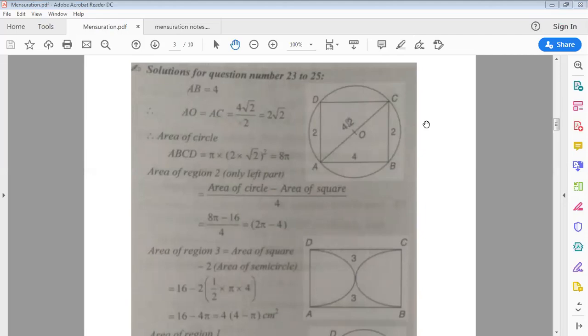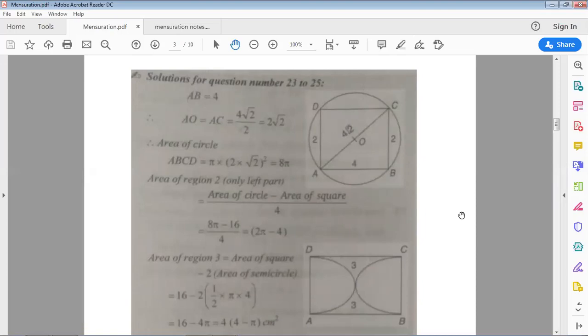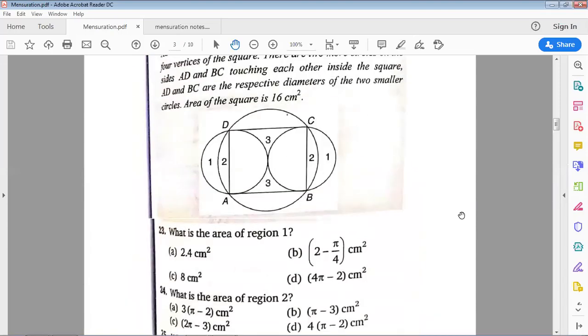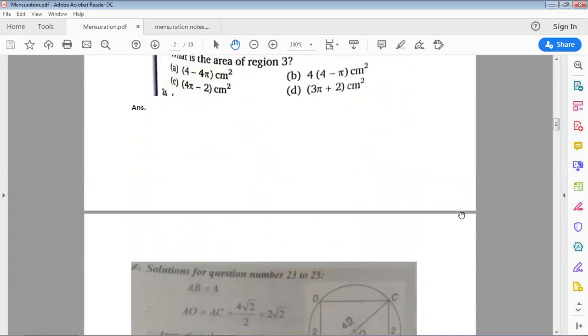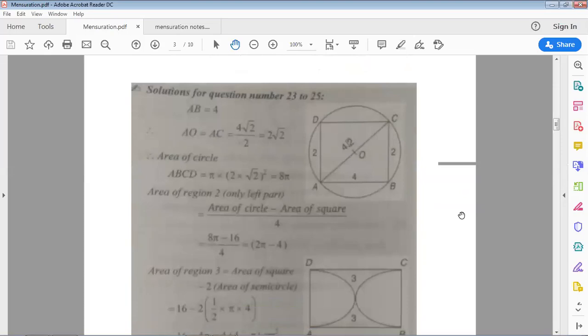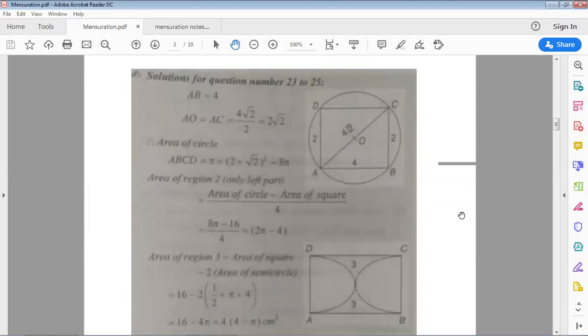Yes, okay. So the first thing you have to do is to simplify the diagram. In this question, you have a very complicated diagram with too many shapes. So when you simplify the diagram, you will know what to do.